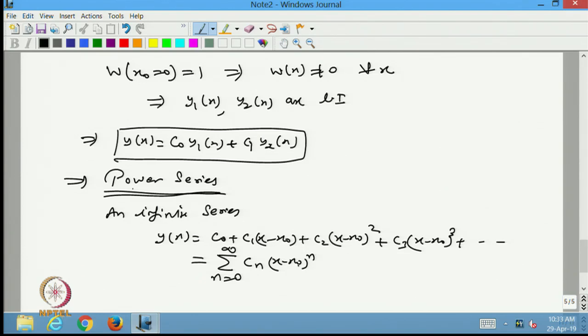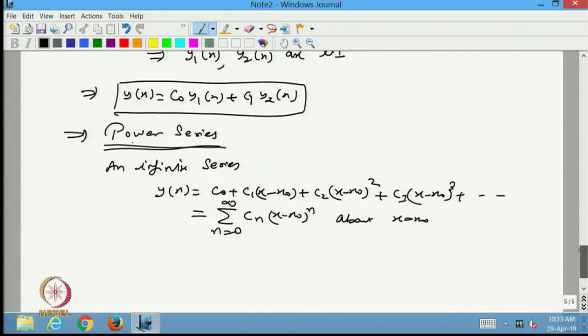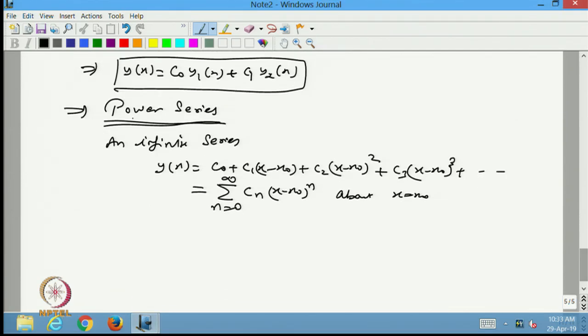This is called the power series of the function y(x) about x equal to x naught.